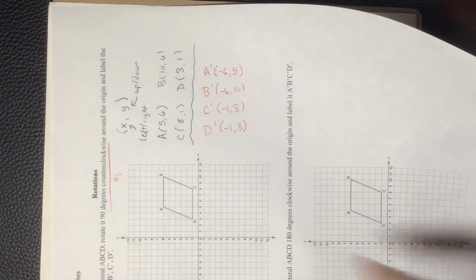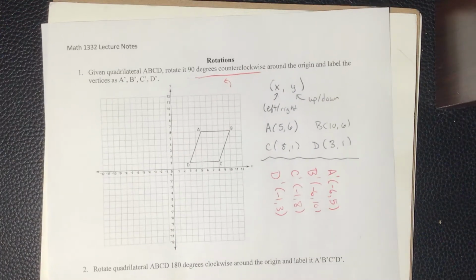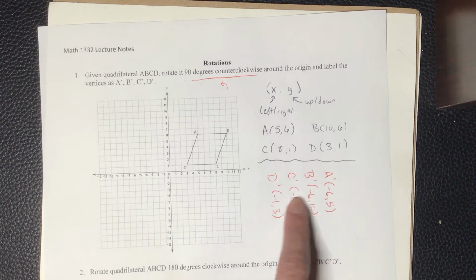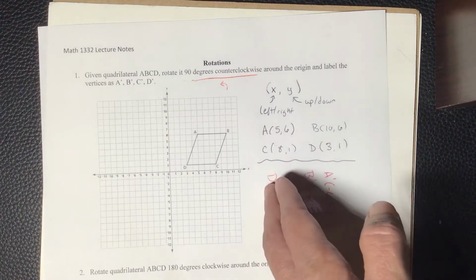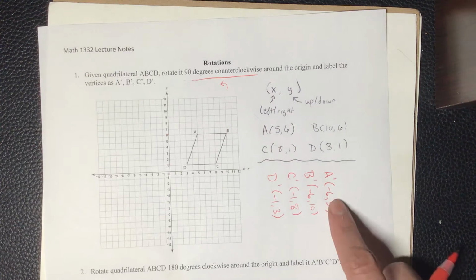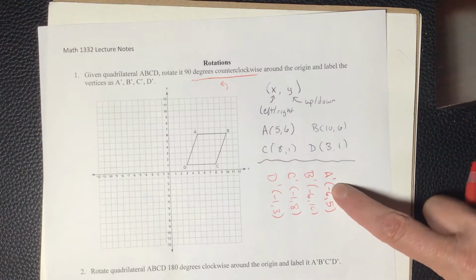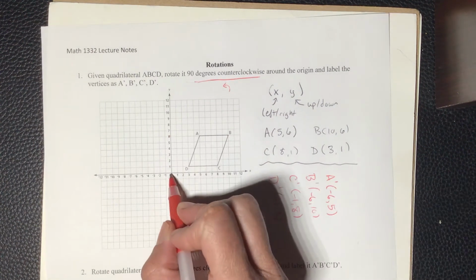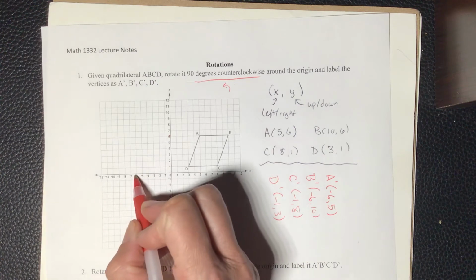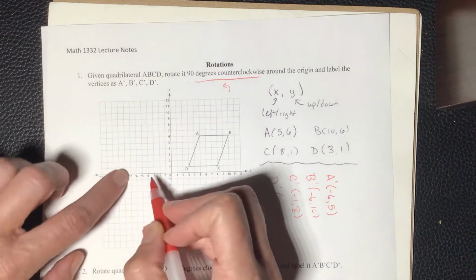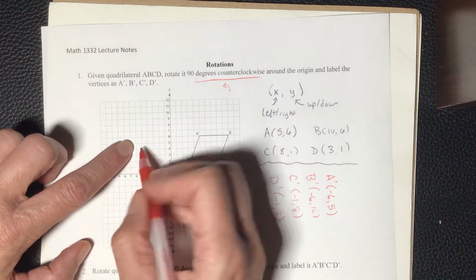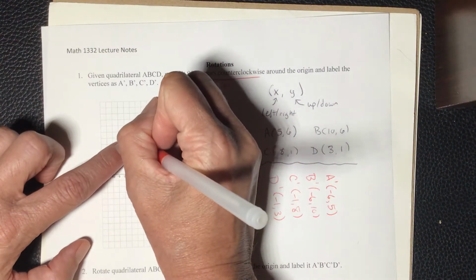All right, so what I've done is I've got the correct coordinates. So now I turn my paper back the way it's supposed to be, and I plot these points. If you need to rewrite them right side up, you can. So to get to A, I'm going to go left 6 and up 5. So here's my original graph. Let me see if I can find that. And that's going to be right here.